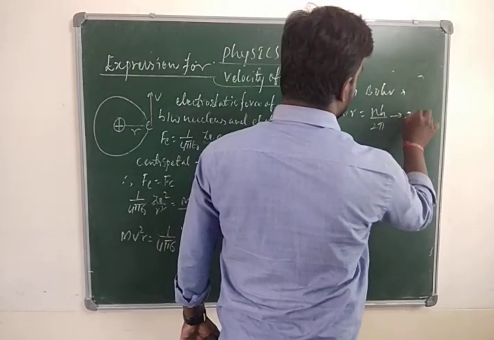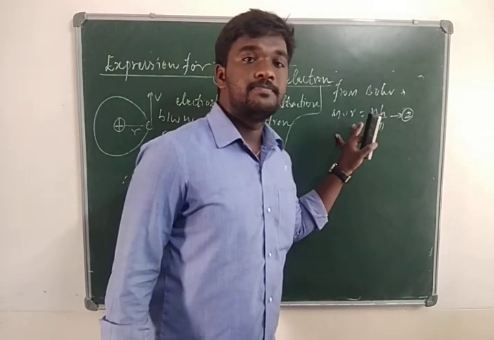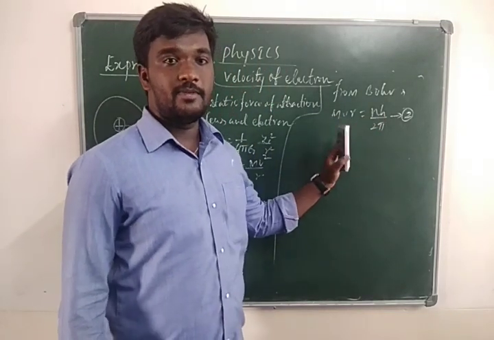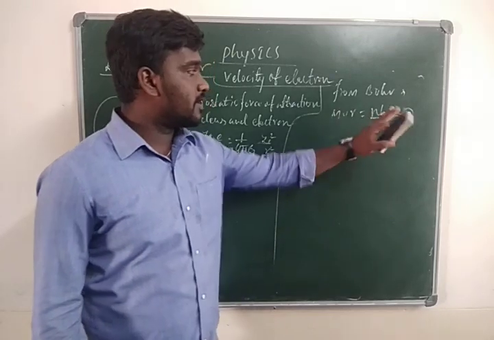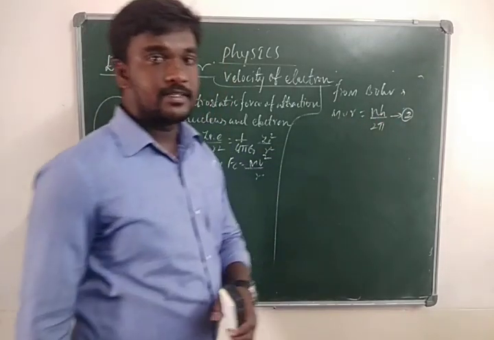This is equation 2. This means the angular momentum of the electron is an integral multiple of nh by 2 pi, where h is Planck's constant.